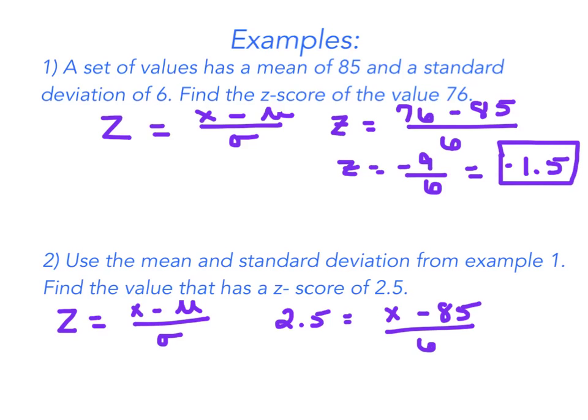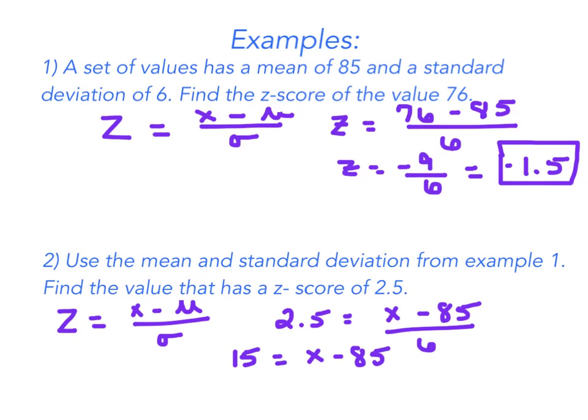So remember, to solve this problem, we first must multiply 6 times 2.5. To get rid of this divided by 6, we have to undo that. So we're going to multiply 6 by 2.5, which is going to give us 15, and that is equal to x minus 85.